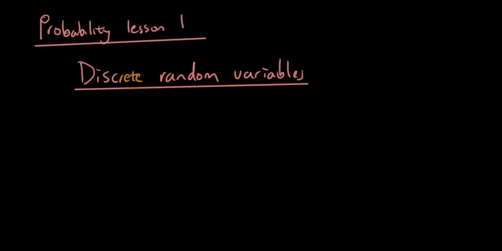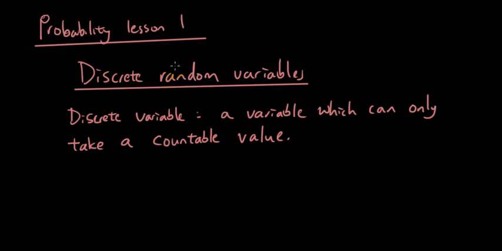Now we're going to talk about what is a discrete variable. A discrete variable is a variable which can only take a countable value. So if you can count something, then you can store it in a discrete variable.